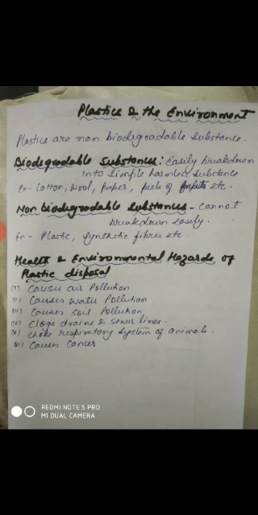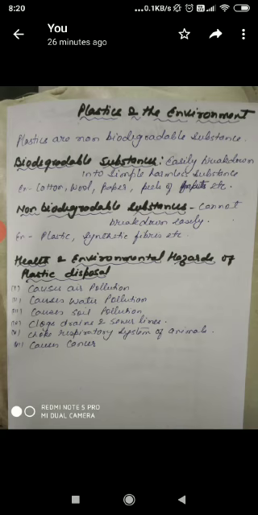When plastic waste is burned, it does not get completely burned and produces harmful gases and smoke, which cause air pollution.